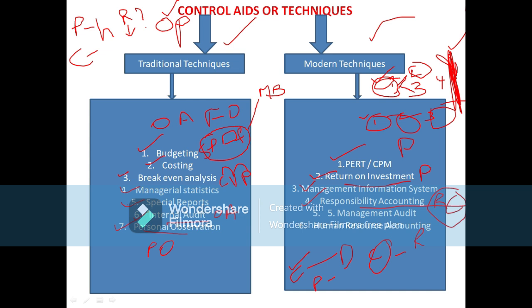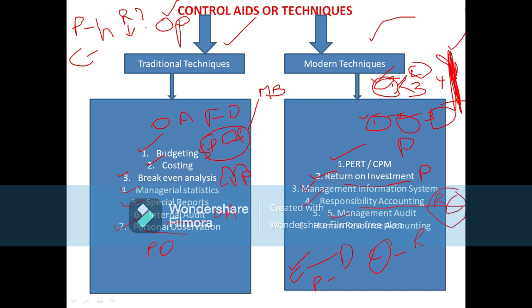A distinction is made between costs which are controllable by the head of the responsibility center. Why? Because he is responsible. So that person will be responsible in order to control. Under this technique, control over operations and cost is exercised through the head of responsibility centers. That is about responsibility accounting.